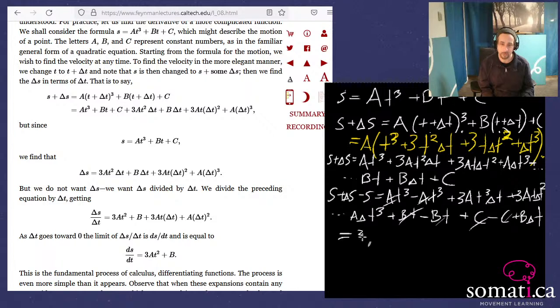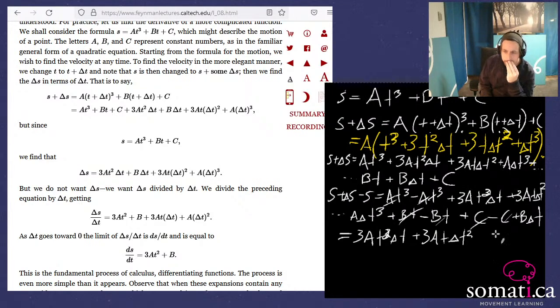And we have 3AT squared delta T plus 3AT delta T squared. Sorry, that should be T squared delta T. Those ones stay. And the A delta T cubed stays.